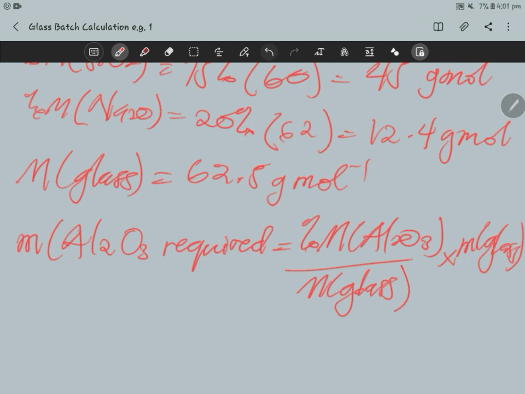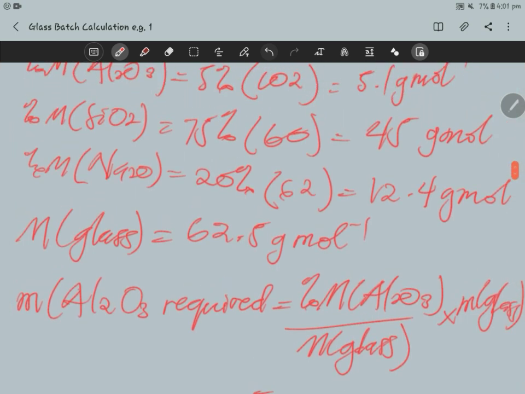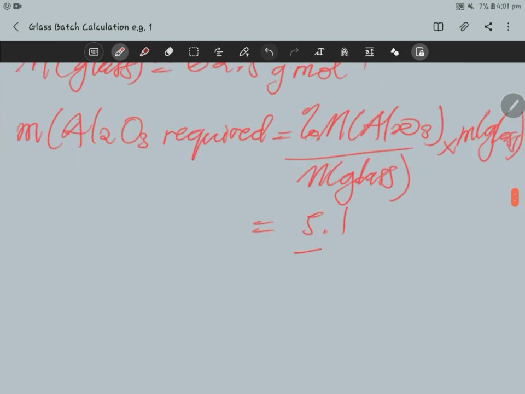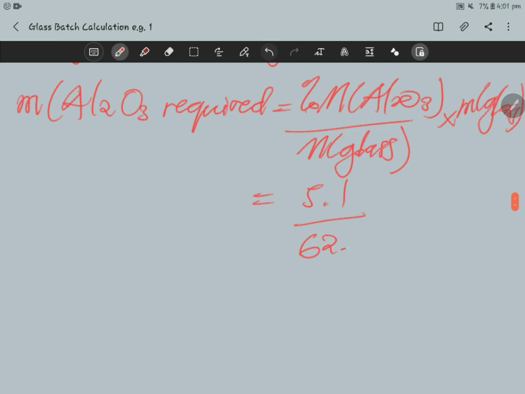Let's see what that gives us. Al2O3 is 5.1, and that of glass is 62.5. And the mass of the glass, we want it to be 100 grams.